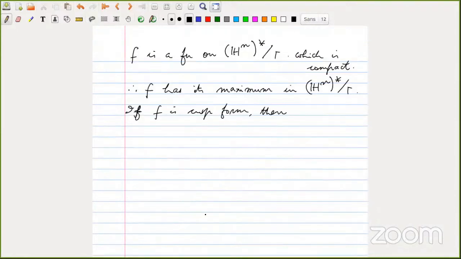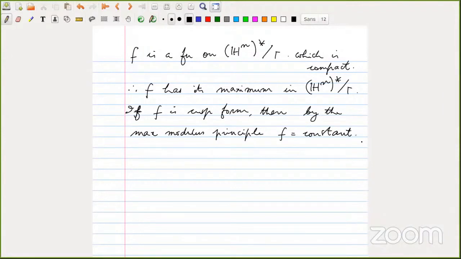Then by the maximum modulus principle, f has to be a constant, so f equals a constant, and then this is equal to 0.